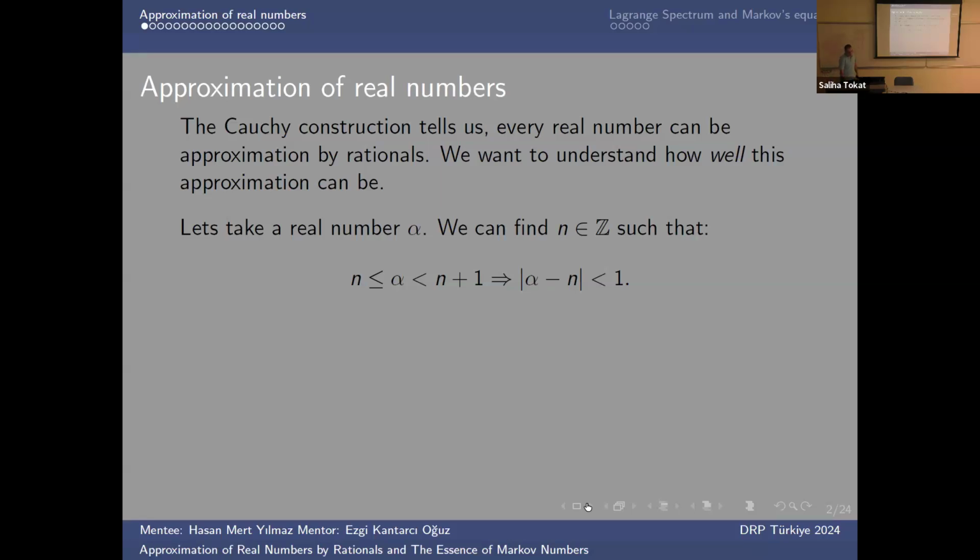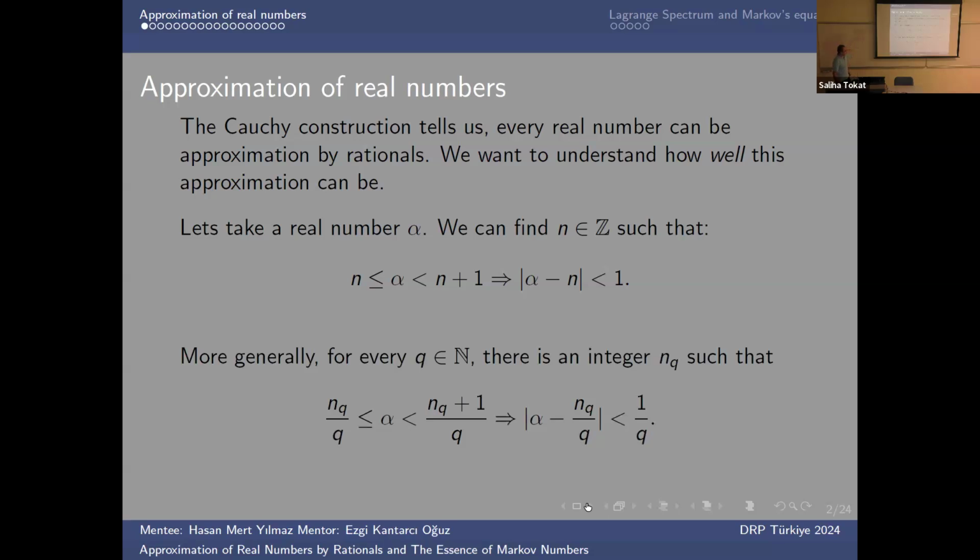By the same reasoning, for every natural number q, we have an integer n_q such that this inequality holds. So the absolute value of alpha minus n_q over q is smaller than 1 over q, because the length of the interval is 1 over q.